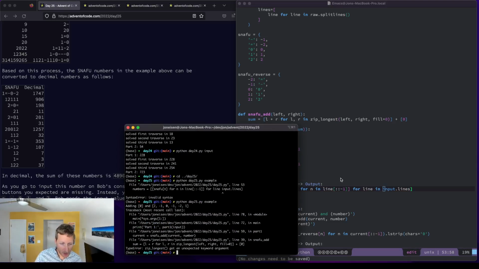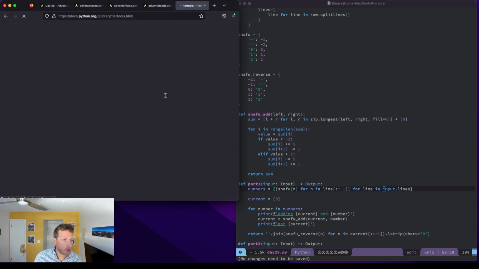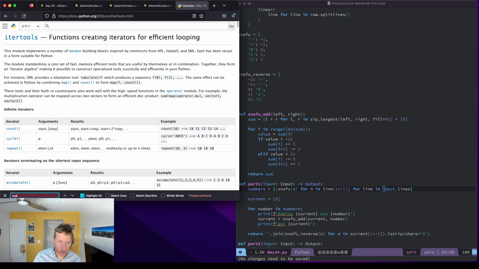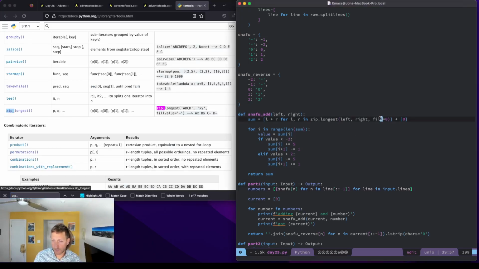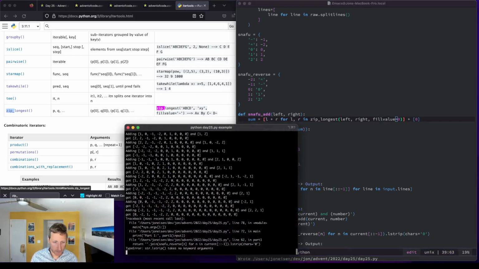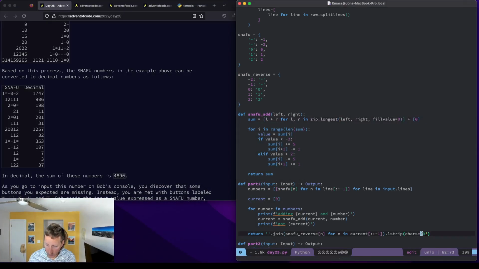Can't read in. All right, zip_longest. Fill value. lstrip takes no keyword arguments.